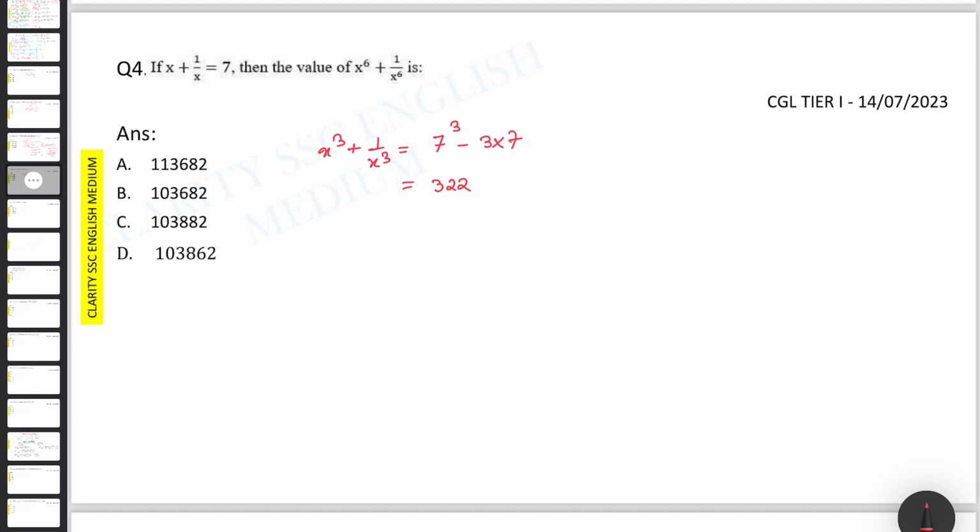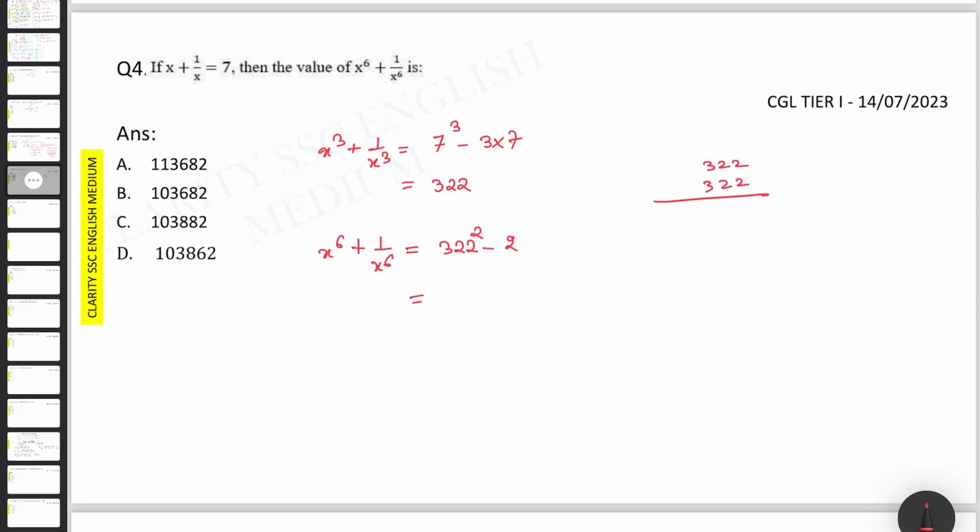And after this, x to the power 6 plus 1 by x to the power 6. I've already told you, first you need to remember the square and the cube. After that, the rest are deductions. x to the power 6 plus 1 by x to the power 6 is nothing but 322 square minus 2. What is 322 square? 322 and 322.